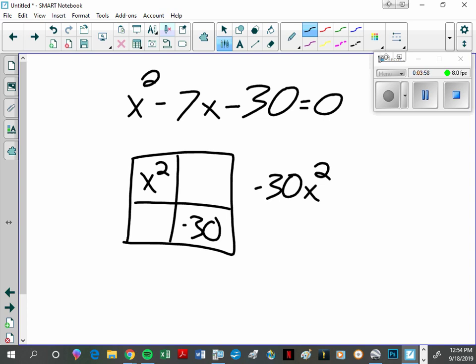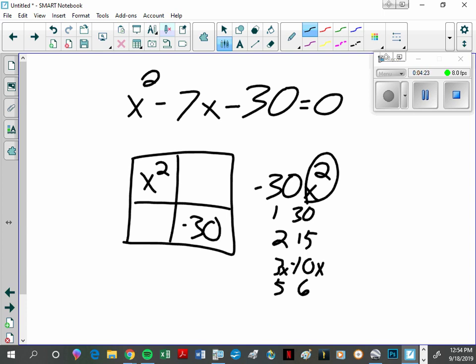The factors of 30 are 1 and 30, 2 and 15, 3 and 10, 4 doesn't work, 5 and 6. Can I create a negative 7 using one of those lists? Negative 10 and 3. And because it's x squared, it's actually 3x and negative 10x.